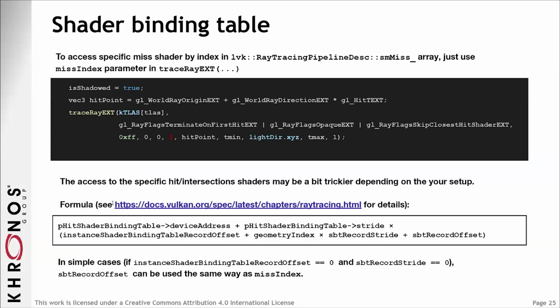For the hit and intersection shader, it's a bit more complex. You can see in the Vulkan documentation how it's calculated. Depending on your setup, the index can be different. But in the simple case, if your instance shader binding table record offset is 0 and the shader binding table record stride is 0, it can be the same as the miss index. So again, indexing the array.